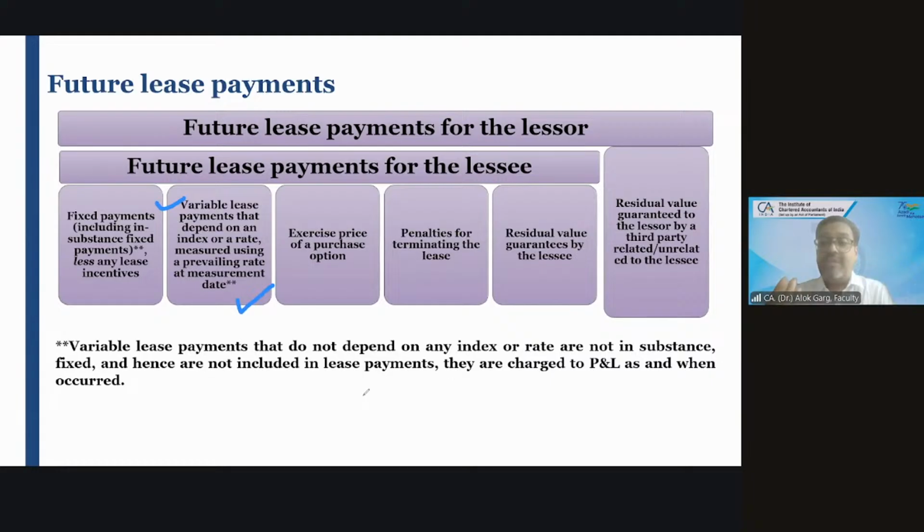But variable lease payment depending on any other variable, not on an index or a rate, should not be taken into consideration for computation of lease payment. And that index or rate needs to be seen on the commencement date. Third, exercise price of a purchase option.